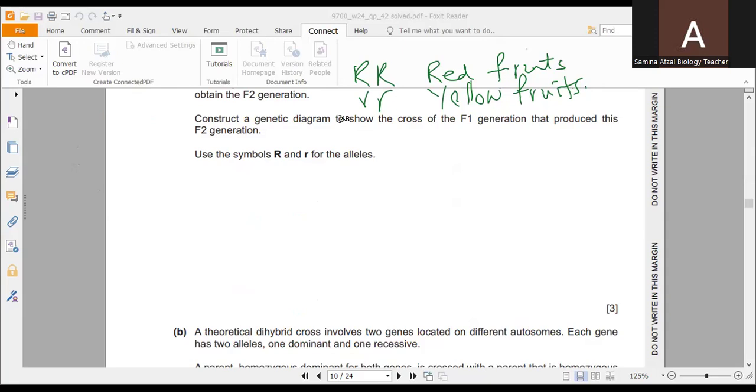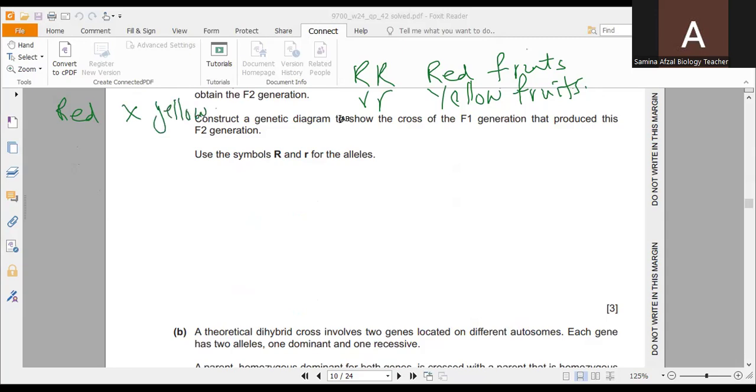All the offspring of this cross have produced red fruits. So how? A pure breeding red fruit was crossed with a pure breeding plant which always gives the red color. So red fruits, red into yellow.